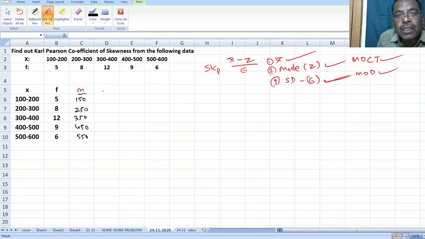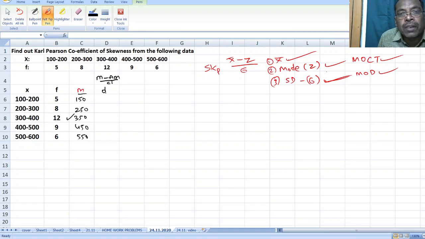So deviations, D for deviations. To find out deviations, you have to take one value as assumed value. Shall we take 350? Okay, 350 as assumed value. So mid value minus assumed value divided by class interval difference.